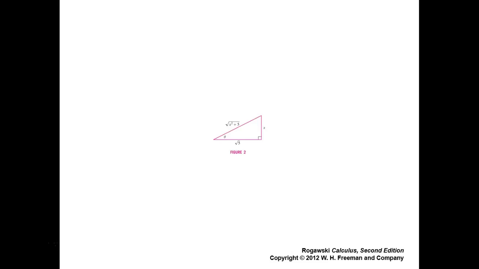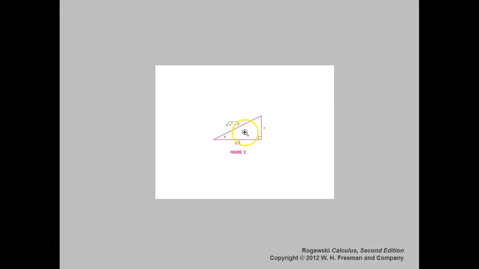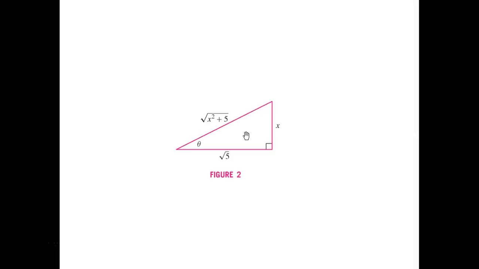If you have something without a perfect square, let me pull this up so you can see. I mentioned it before, but the old edition had one, not the new one. Maybe we'll still run into one. If you have something with a square root of x squared plus 5, and that's not a perfect square, your substitution, again, is a tangent because it's got the plus in there, but now this is the square root of 5 rather than, see, before we had a 9 here and this became a 3 because 3 is the square root of 9.